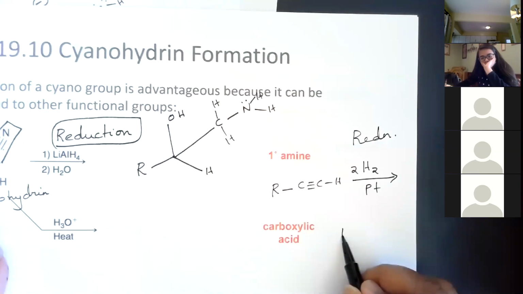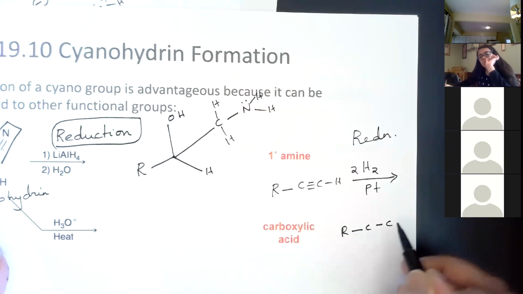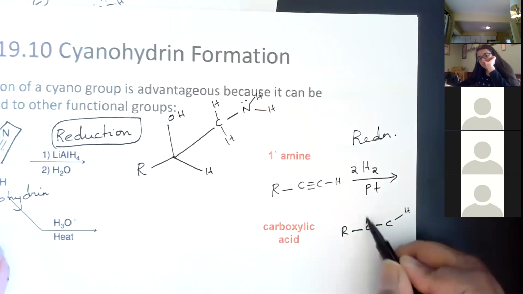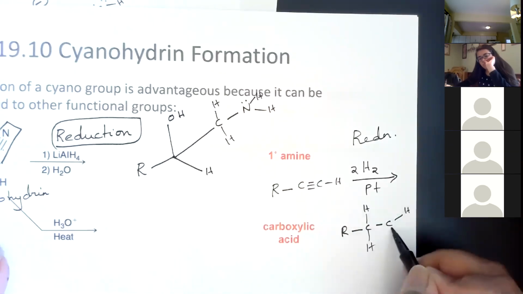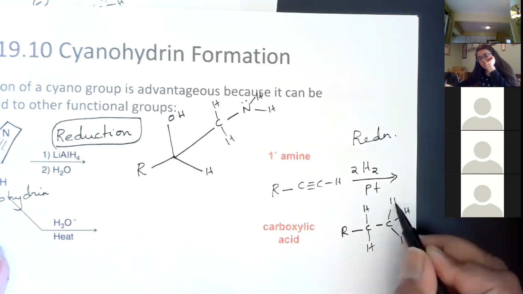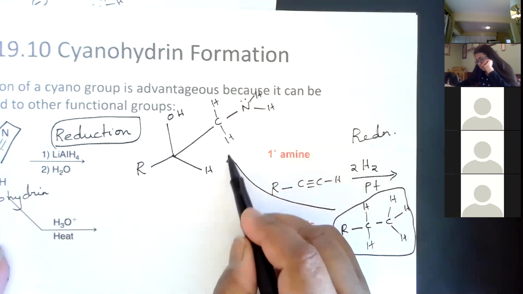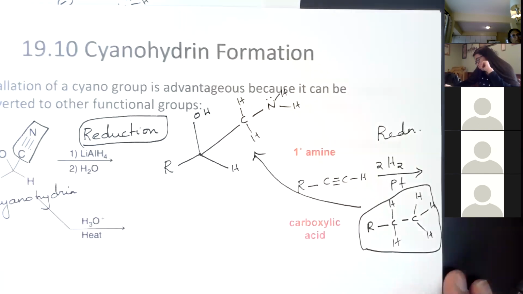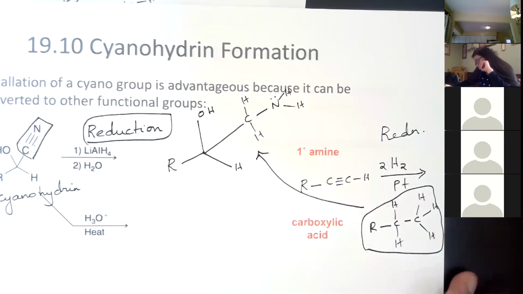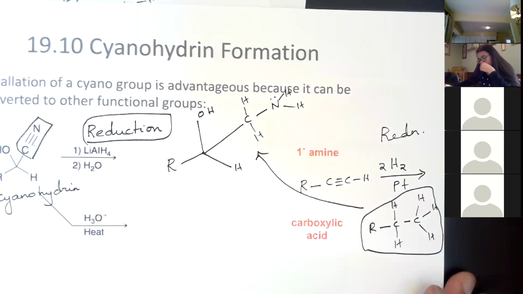What would you do? R, add 2 hydrogens, add 2 hydrogens here. You see that? It's similar to this, just soaking up the carbon-nitrogen triple bond with hydrogens.